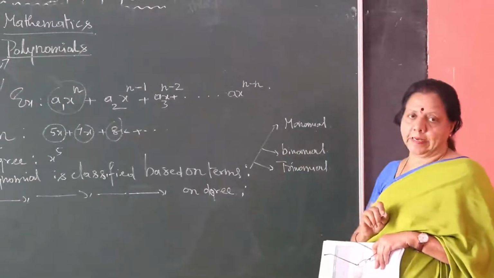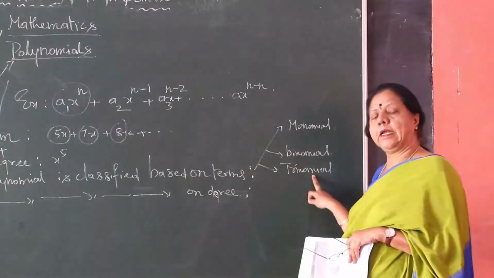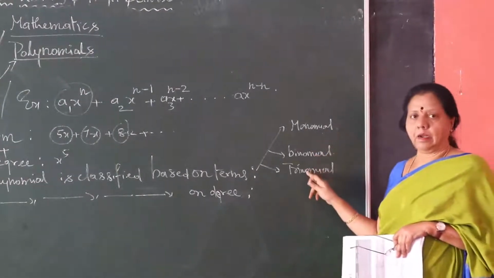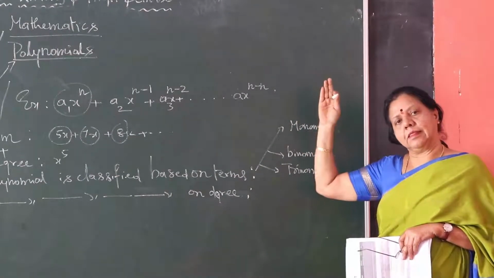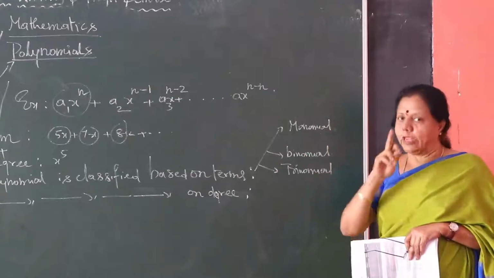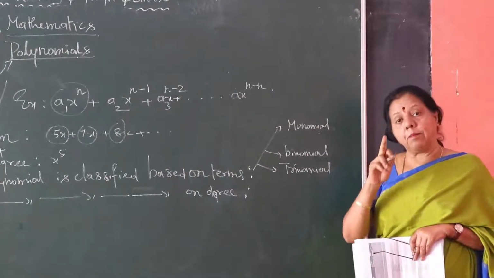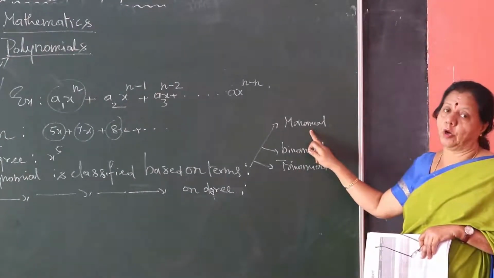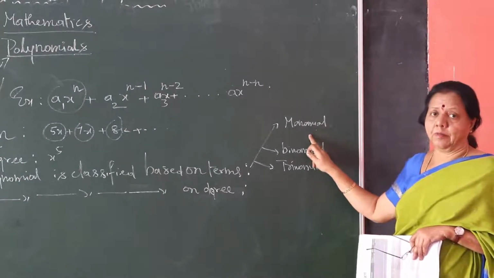Next, polynomial. Till here we can interpret as monomial, binomial and trinomial. So if 4th, 5th, 6th, 7th, 8th, 9th, 10th terms are there, we call them as polynomial. That is what? Number of terms. Here, the number of terms you are finding in a monomial is only one term.